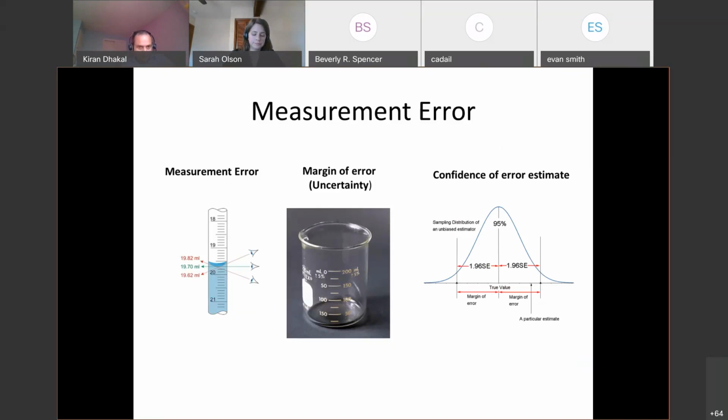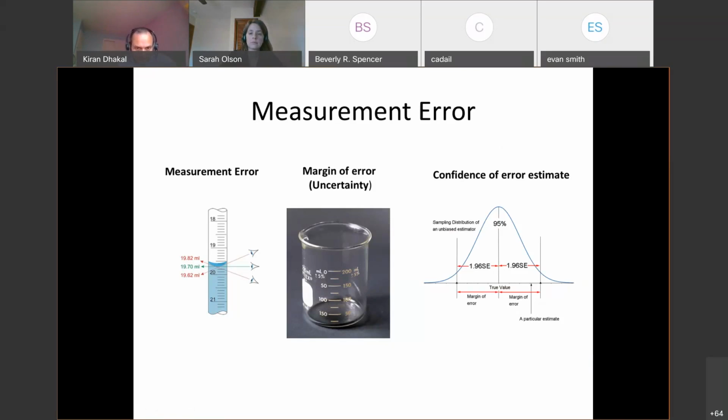If you look at a volumetric flask here, you're trying to measure 20 milliliters, and if you look from the right angle, you will see 19.70 milliliters. But there are different views which can give an error, and with each measurement, there is a margin of error. There is an uncertainty involved in every measurement.